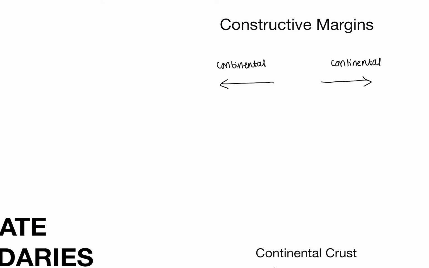So in this case, we have two plates pulling away from each other, which means that all of that magma that's stored beneath in the mantle is able to start to rise and fill the gap that's left in between.